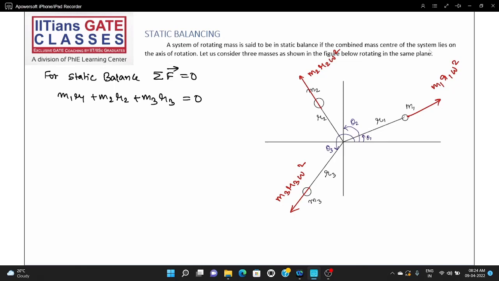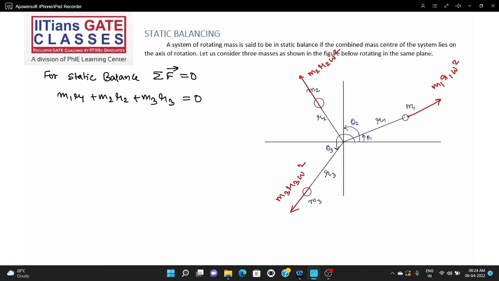And what is the next way? The next way is by drawing a graph. If you want to see that it is 0, the three forces M1 R1, M2 R2, M3 R3 will form a closed triangle. So this is, let me say, M1 R1, then in this direction it is M2 R2, and finally this is M3 R3.